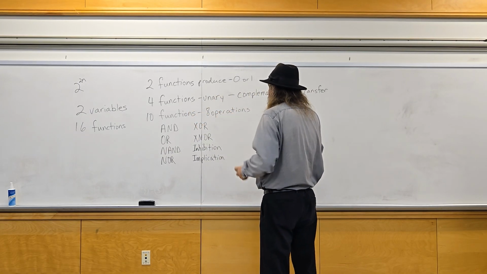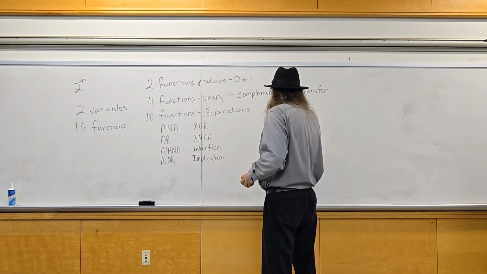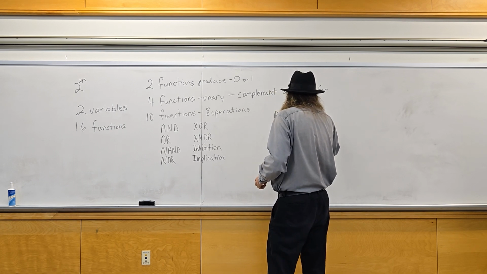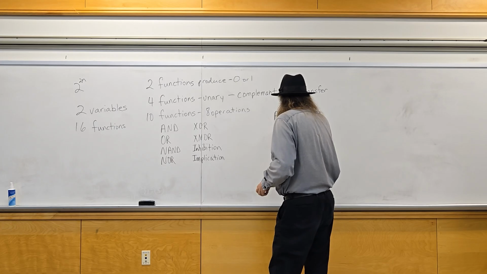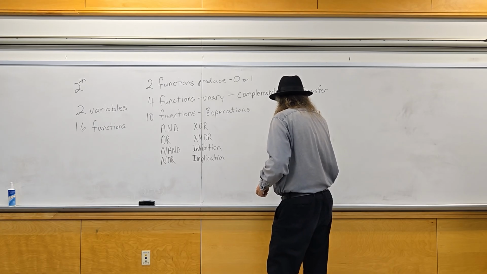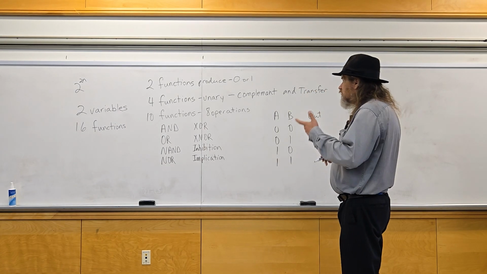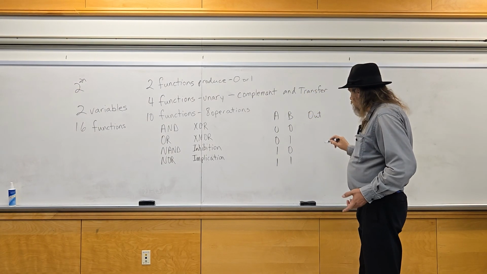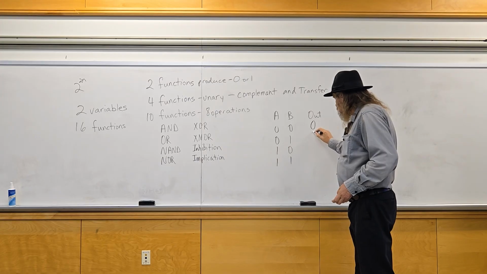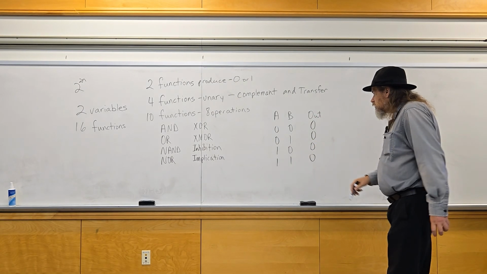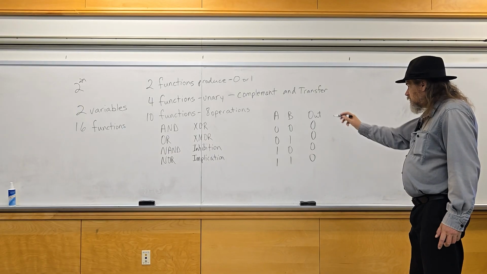Two functions produce 0 or 1. So that's A and B. So you have A and B out. One function will just produce zeros regardless of the input.